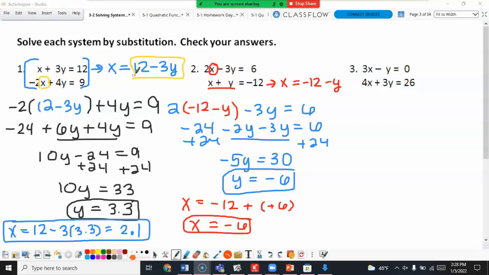In number 3, you would want to solve this equation for y. So I get y equals 3x. So I replace the y this time with the 3x.